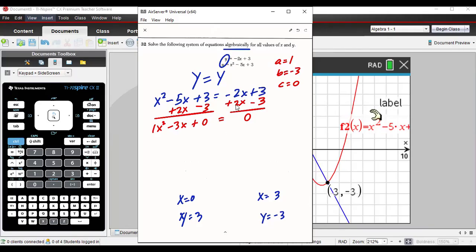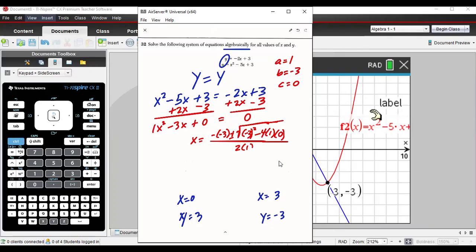Now, from here, I have my students enter this into the formula. So this will be -(-3) plus or minus the square root of (-3) squared minus 4 times A times C, over 2 times 1.